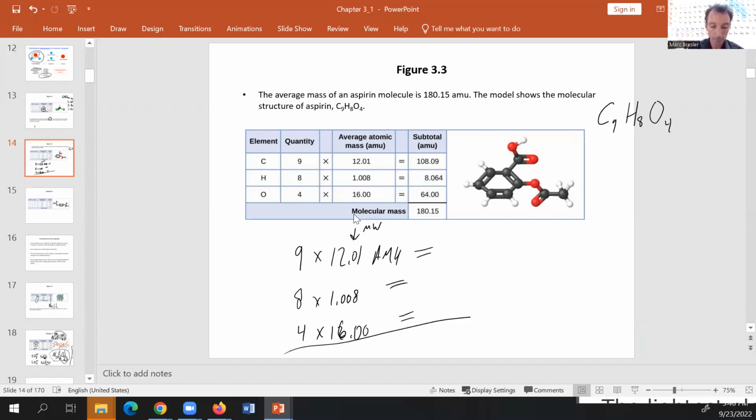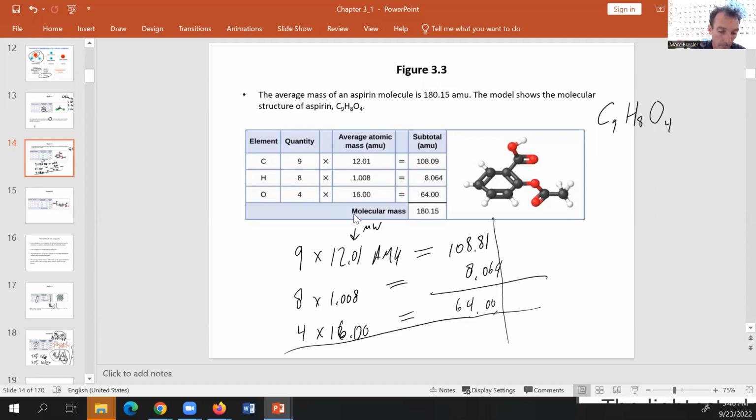So 12.09 times 9, 108.81. 8 times 1.008 is 8.064. And then 4 times 16, 64.00. So, and again, this goes 3 past, 2 past, 2 past the decimal.